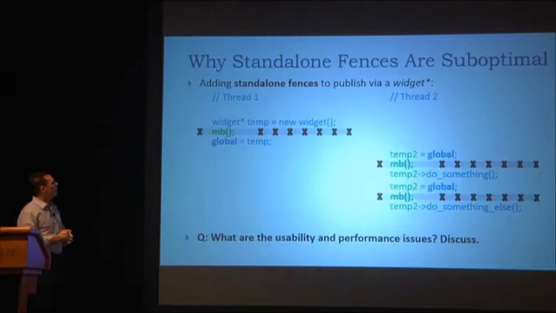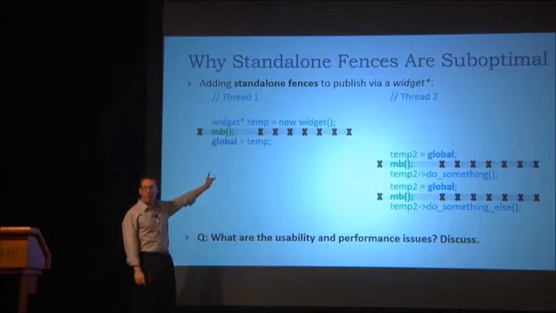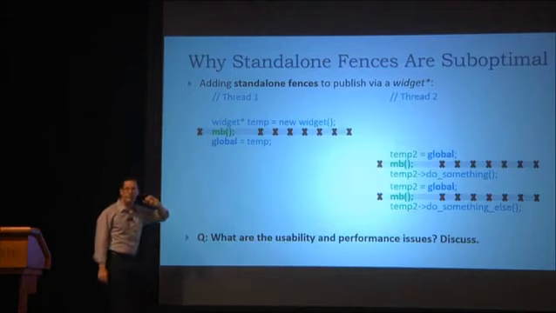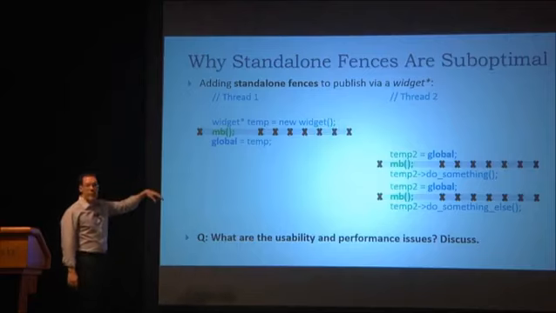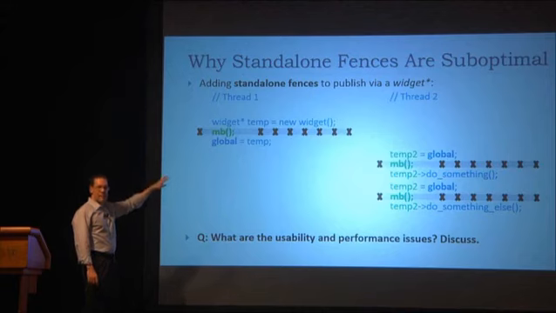Imagine that you inserted a full memory barrier in thread 1 before the write to global. If I write this full barrier here, this guarantees you what? Nothing moves either way. So in particular, by the time I write temp to global, all of the other operations that I did in this thread will have been seen to occur.